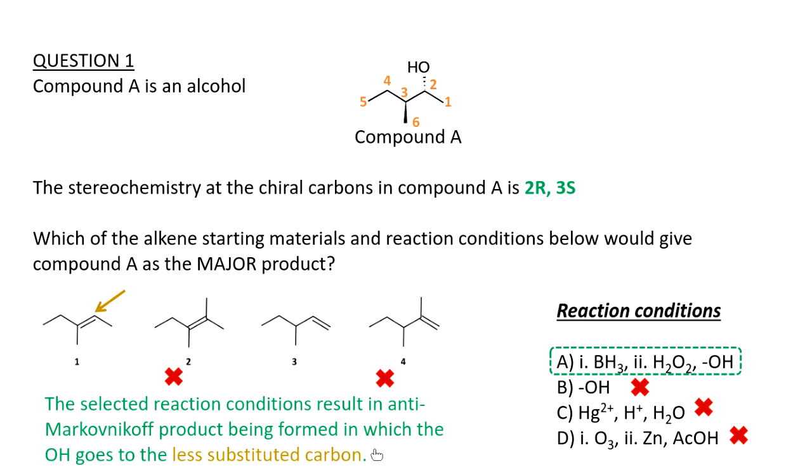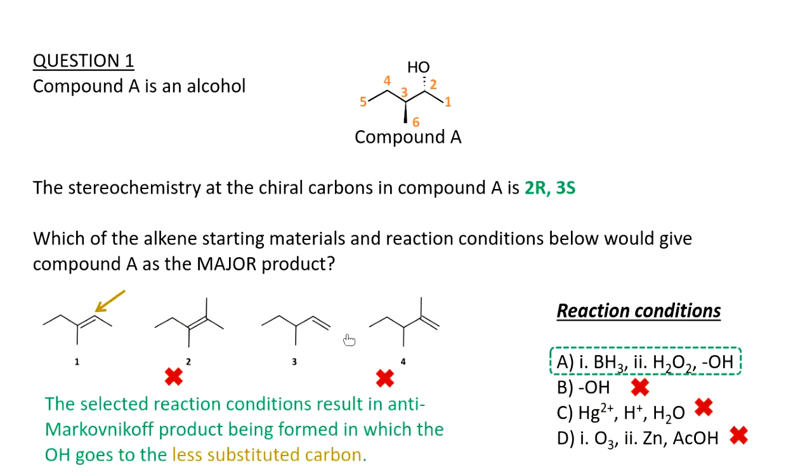It means, therefore, that if alkene number 3 undergoes anti-Markovnikov addition, the OH would end up in the wrong location.